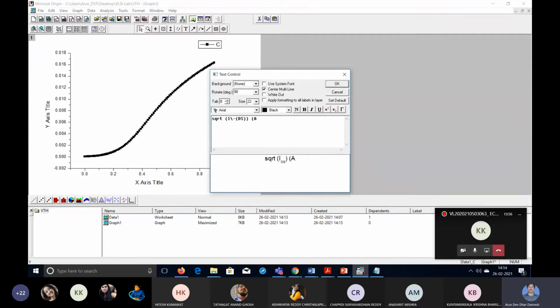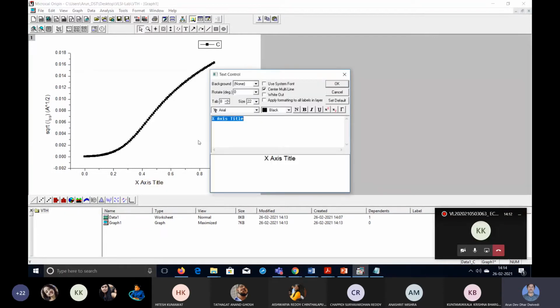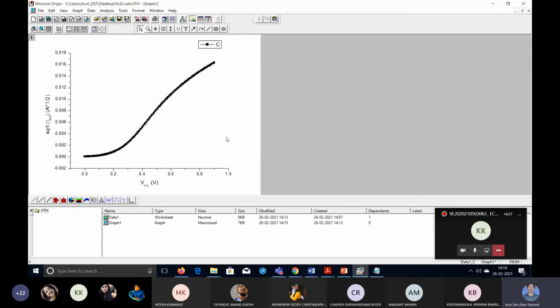The unit is ampere to the power half, so the caret we will take from the keyboard, then 1/2, so that we can understand. It is square root of ID, unit is A^1/2. And this one is VGS, so we can write VGS, and GS should be a suffix. Next we want to provide the unit, it is in volt, so VGS in volt.